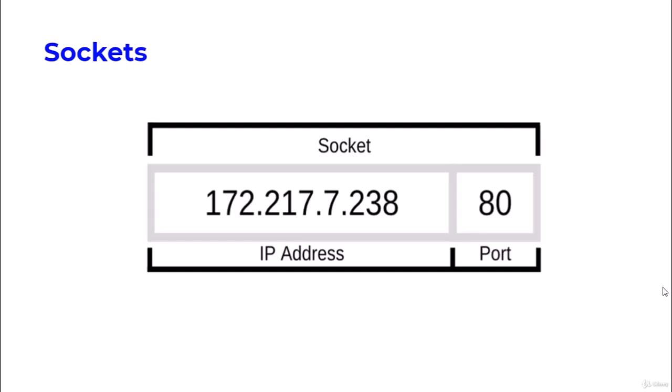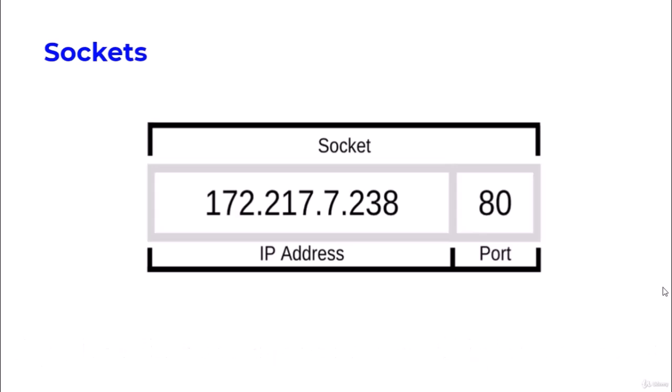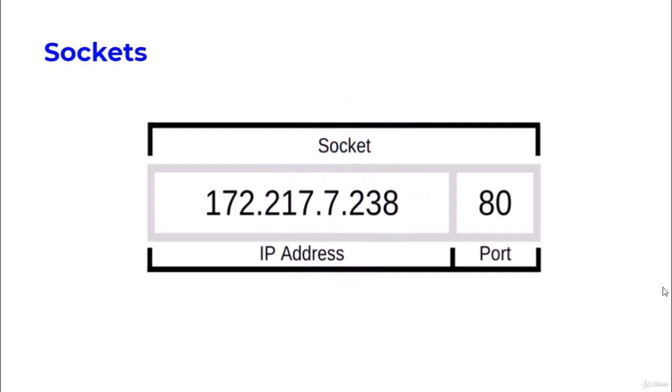At any point of time, an application can create or possess multiple sockets, which can perform different operations like sending or receiving data from others. A socket is a unique identifier of an application in a network. An application is just a program running on a device. That device is identified with its IP address, unique in the network.